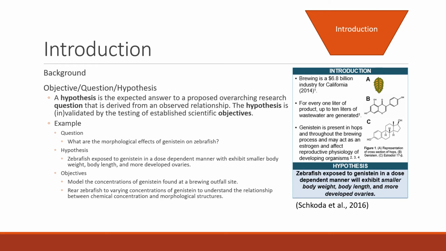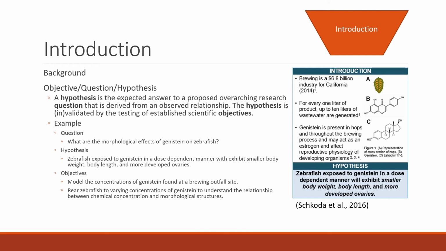The question differs from the hypothesis by the hypothesis essentially being the proposed answer to the question. The hypothesis needs to be supported by both observation and previous studies' work. So this is one of the sections where you will really need to incorporate your primary literature searches.